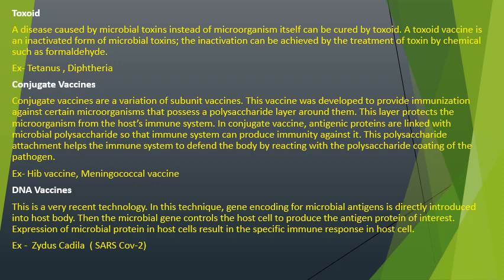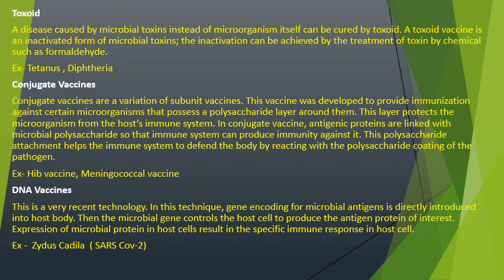Another sort of vaccines are the conjugate vaccines. Conjugate vaccines are a variation of subunit vaccines. This vaccine was developed to provide immunization against certain microorganisms that possess a polysaccharide layer around them. This layer protects microorganisms from the host immune system. In conjugate vaccine, antigenic proteins are linked with microbial polysaccharides so that the immune system can produce immunity against it.